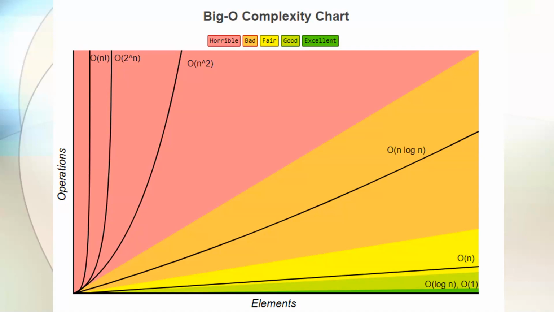Linearithmic, a good sorting algorithm would be like that. Your popular ones like quicksort, etc., are in that kind of bracket. Those are kind of bad, but not too horrific. Then you get to the truly horrific ones. Any polynomial time, which are most sorting algorithms out there.